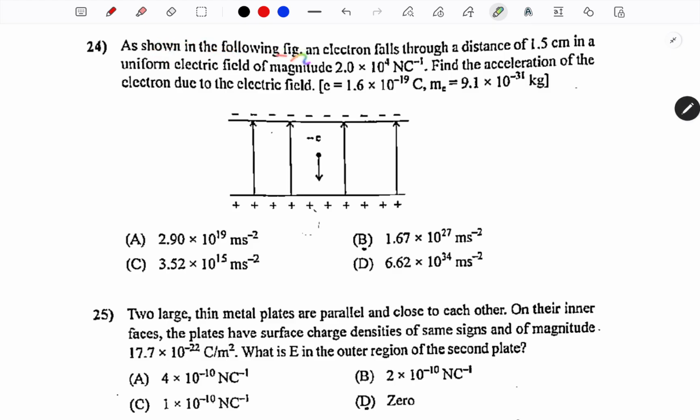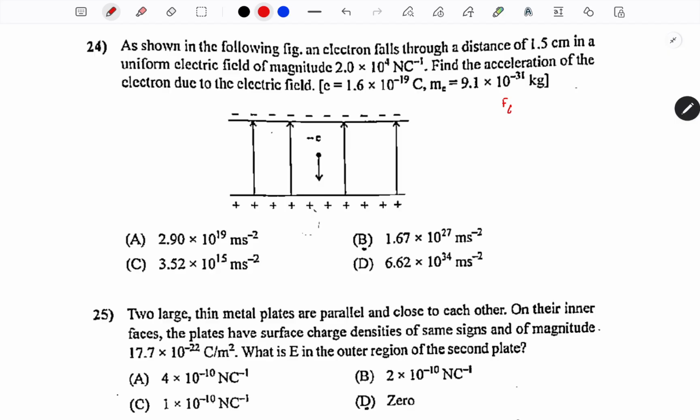As shown in the following figure, an electron falls through a distance of 1.5 cm in a uniform electric field of magnitude 2 into 10 to the power 4 Newton per coulomb. Find the acceleration of the electron due to the electric field. Okay, direct textbook question. We know that when the electron is falling, there are two forces applied.